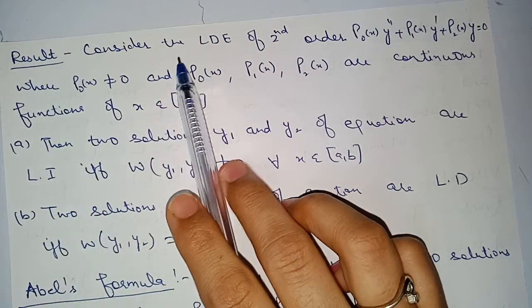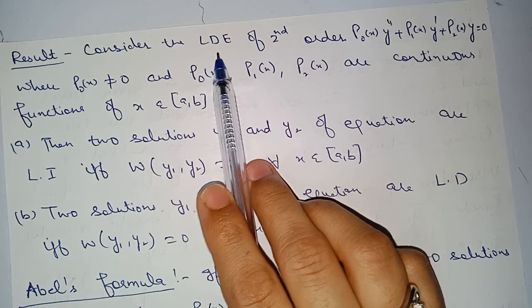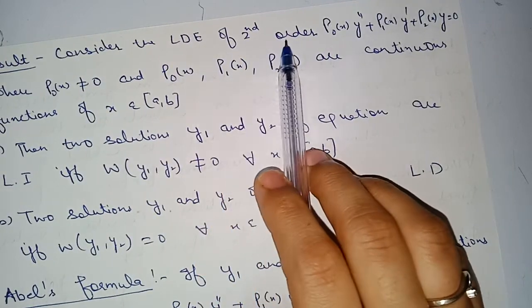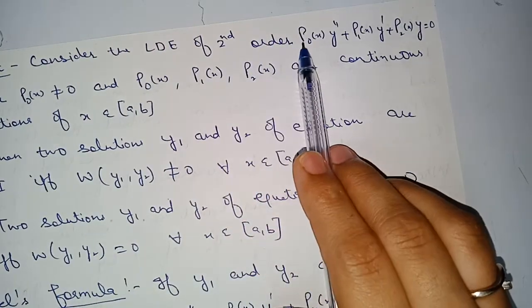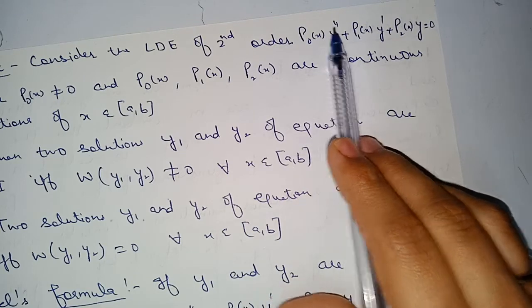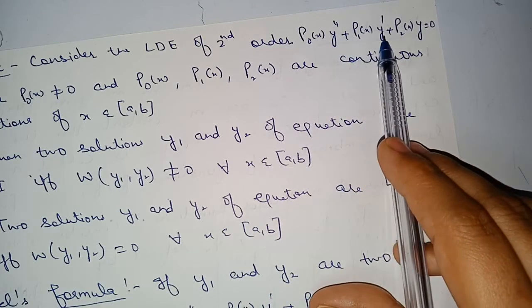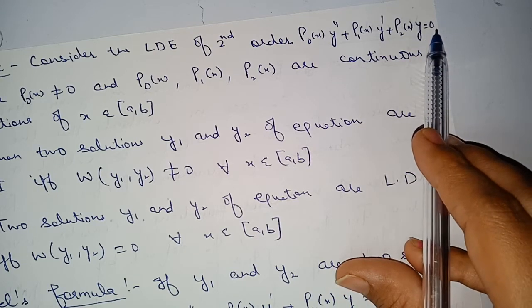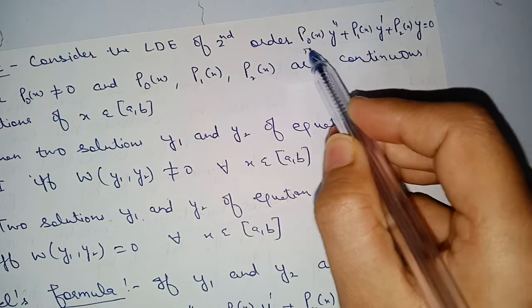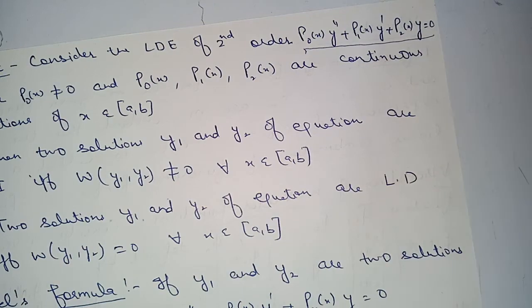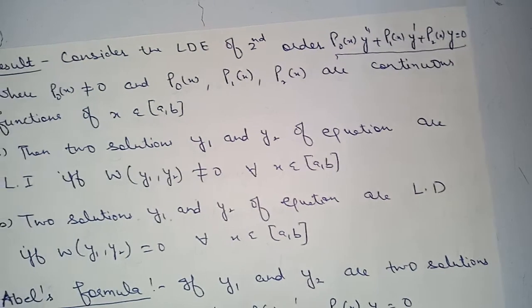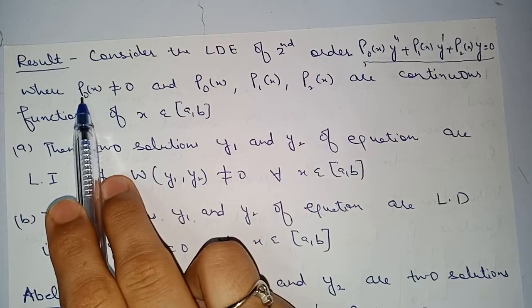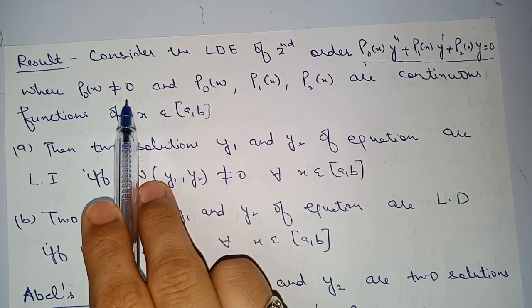First, consider a linear differential equation of second order, that is p0(x) y double dash plus p1(x) y dash plus p2(x) y equals 0. This is our differential equation where p naught x is not equal to 0.